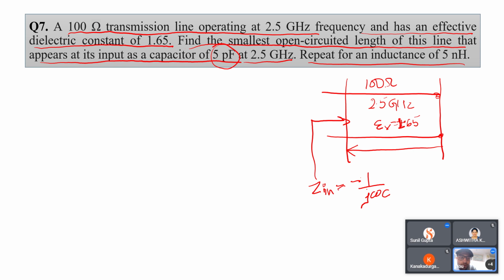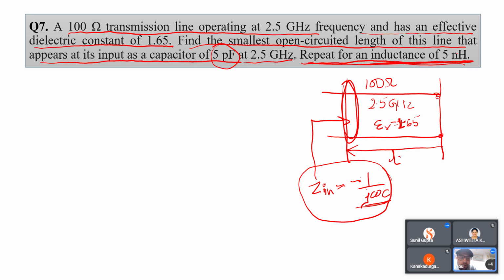So you have to calculate the line length such that you obtain the capacitance value at the input. Similarly, you have to perform this exercise for an inductance of 5 nanohenry.